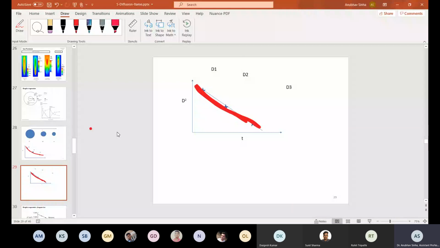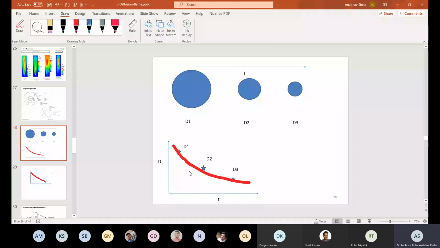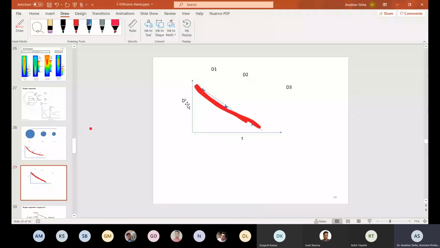Any questions again? Anyone who is not clear, I am just saying, generally we plot d versus time. We say how diameter is decreasing with time. Instead of that, what I can do is plot d square.